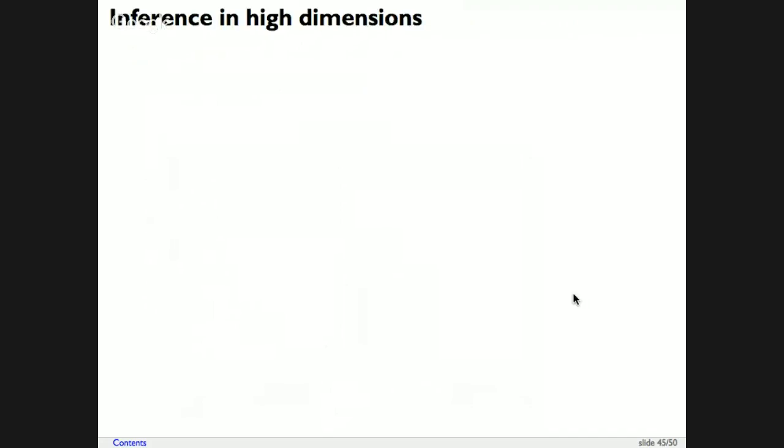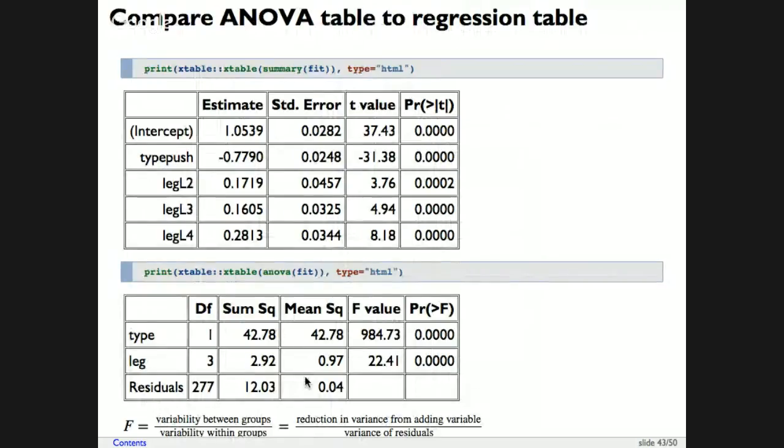That's all I'm going to cover for analysis of variance. The most important thing that I'd like you to take is being able to read an analysis of variance table. To know what these mean squared values are, to know what the F value is, to know that the sum of squares is just the amount that the variance of the residuals is reduced by adding this variable.